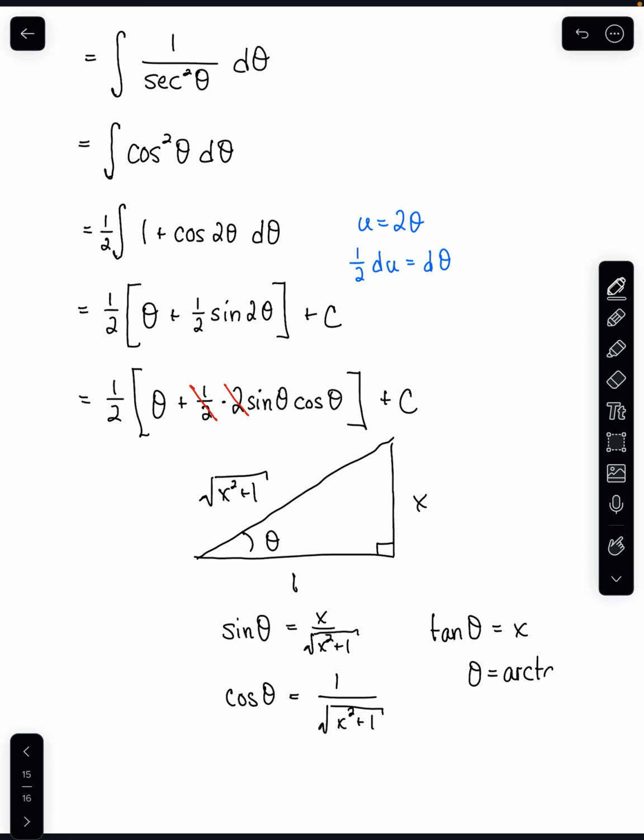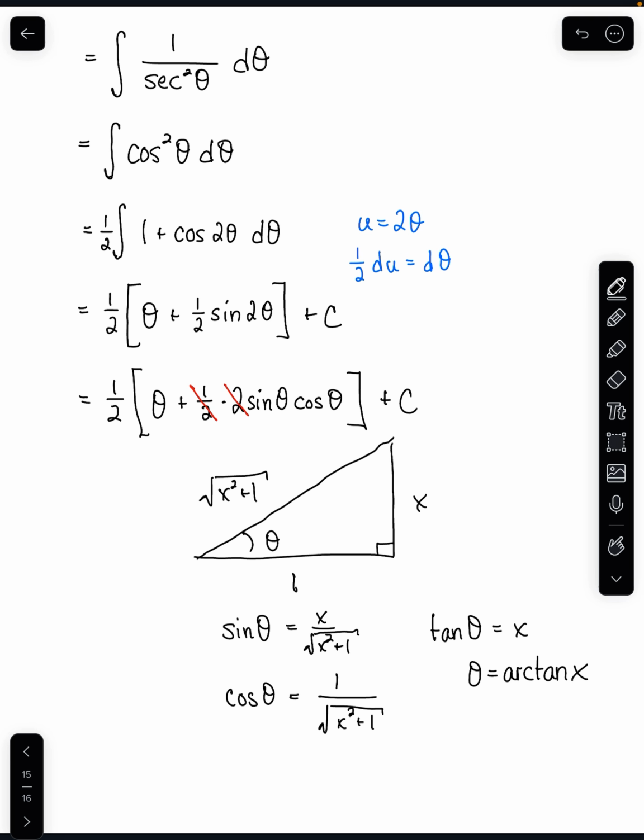And this is why these trigonometric substitutions have a limitation on them, because in order for the relationship tangent theta equals x to work, we need to be able to define theta in terms of x, and that requires the inverse functions, and those inverse functions have restrictions on them.